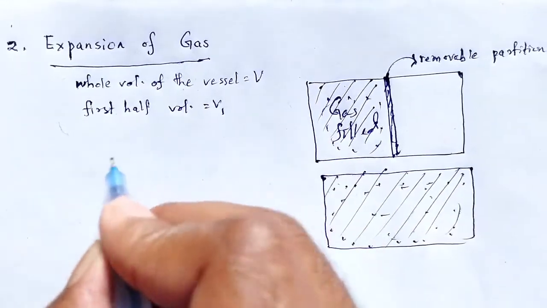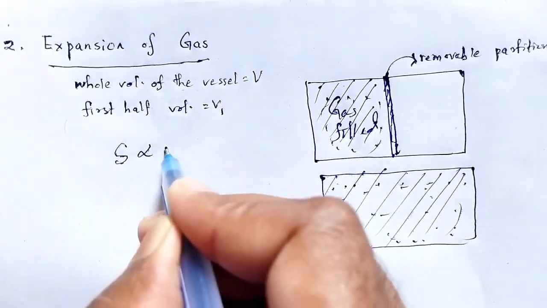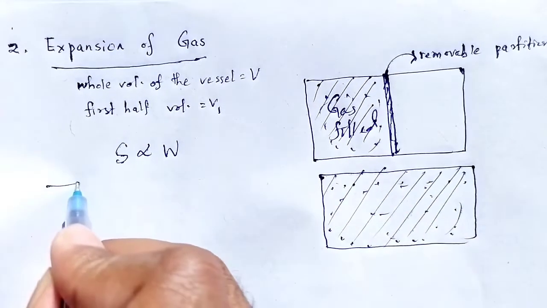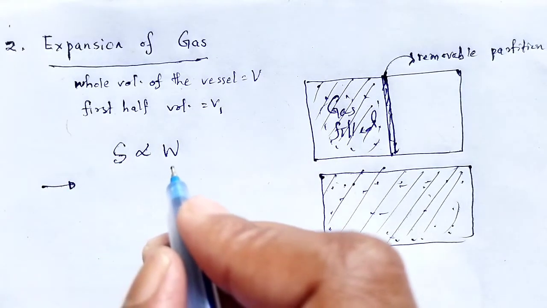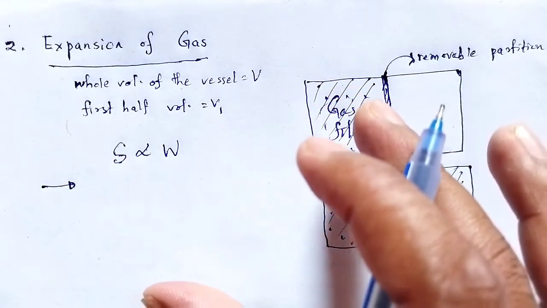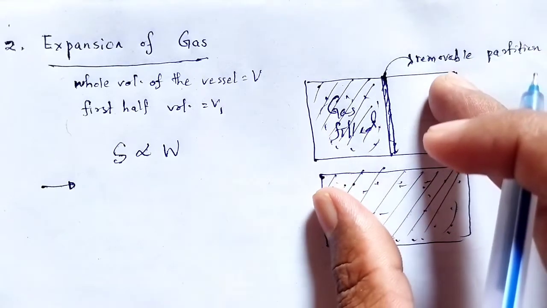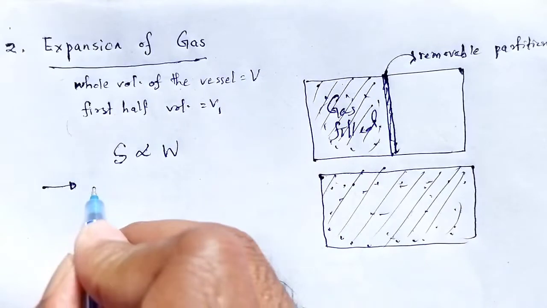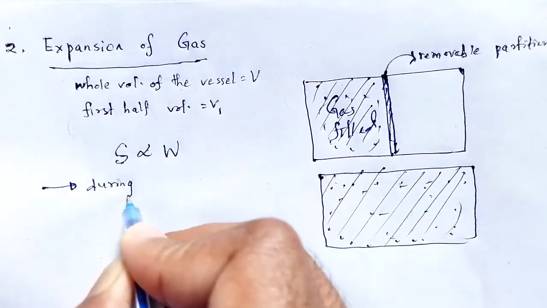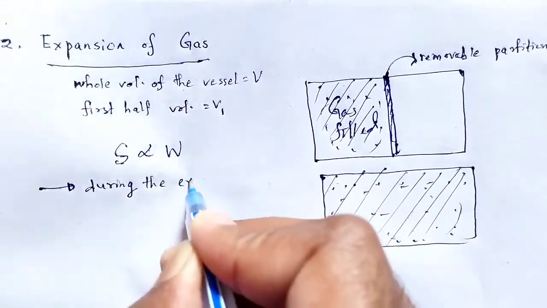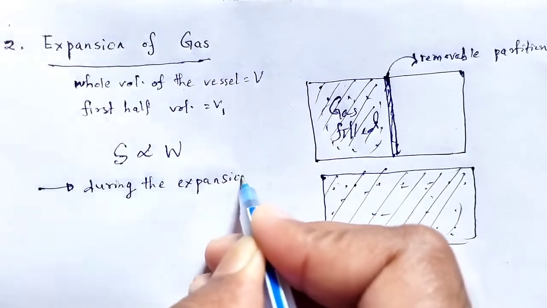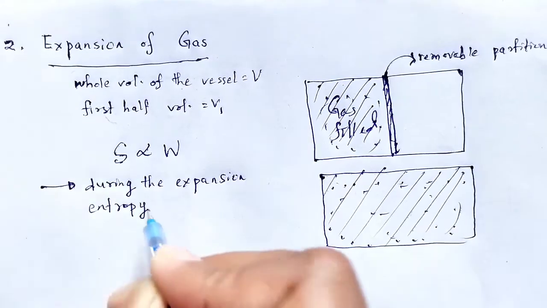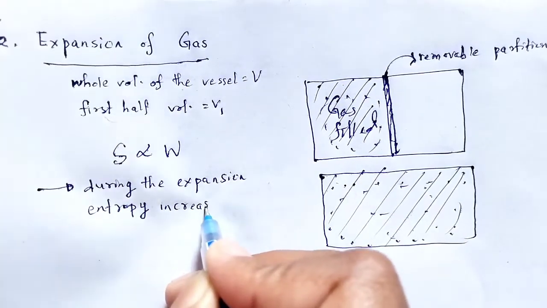The entropy is directly proportional to the thermodynamic probability. Hence, we conclude that during the expansion, entropy increases.